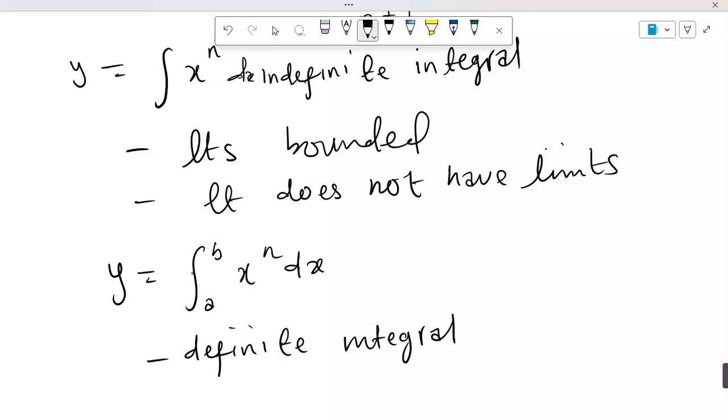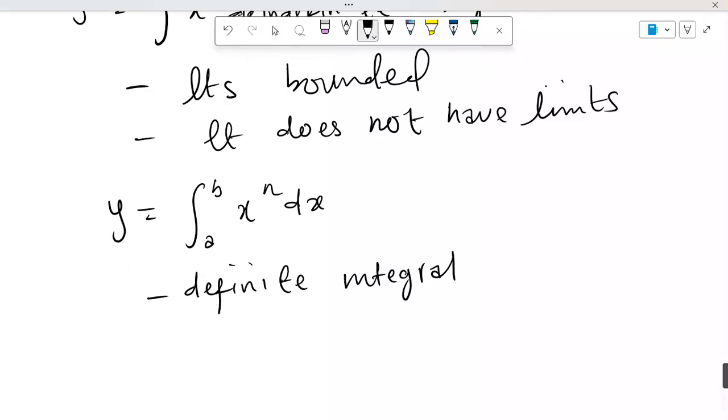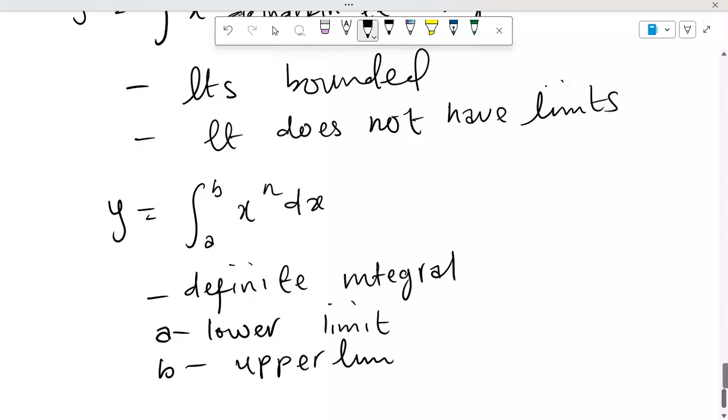Why definite? Because it has limits of integration. The one at the bottom, a, is the lower limit of integration, and b is called the upper limit of integration.